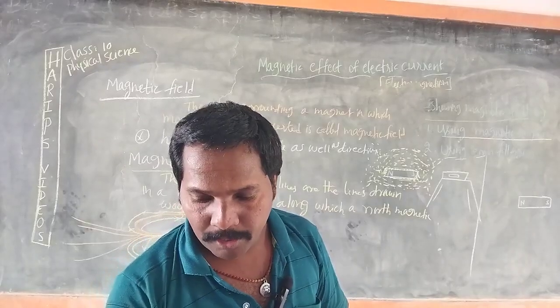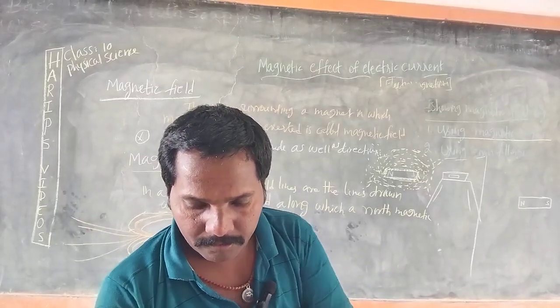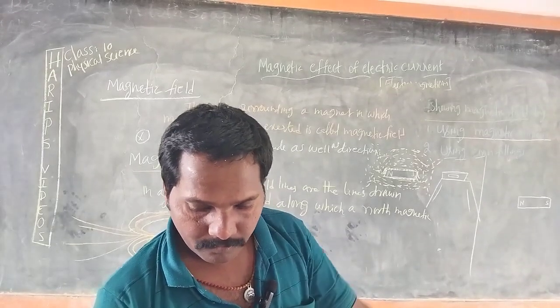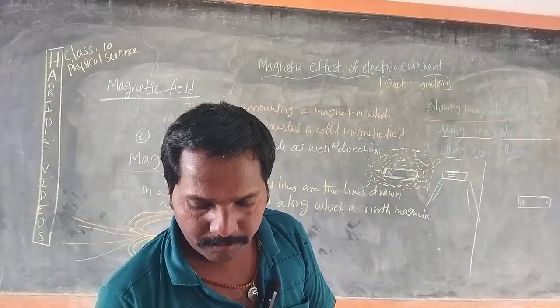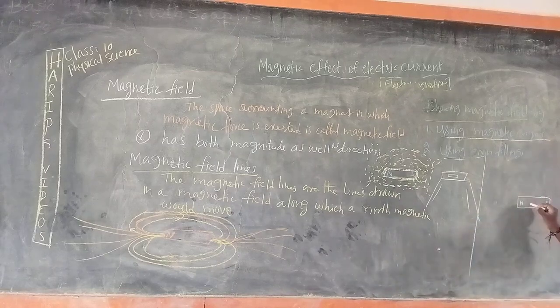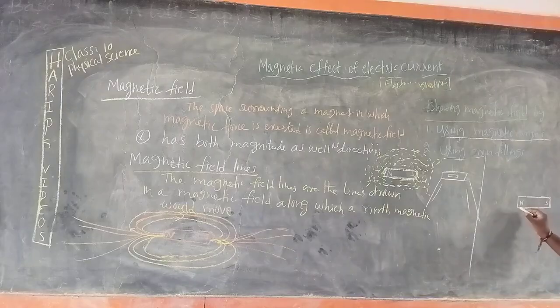A compass is now brought near the north pole of the bar magnet. On a table, spread a paper, place a bar magnet and place a magnetic compass in front of the north pole. Due to the north pole it shows some deflection. The head shows deflection, and the tail.